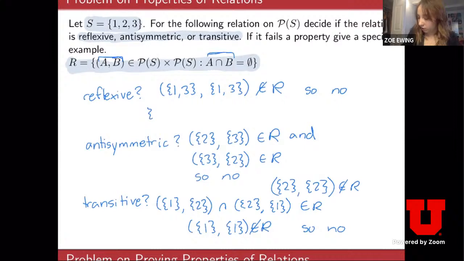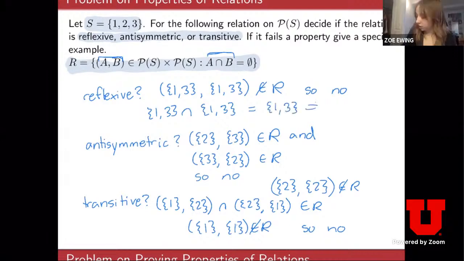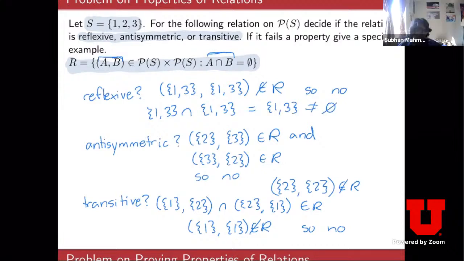So if we took the intersection of {1, 3} with {1, 3}, what is their intersection going to be? Would it be {1, 3}? Mm-hmm. Okay, I see. Which isn't going to be the empty set. Thank you. All right, any other questions on that one?